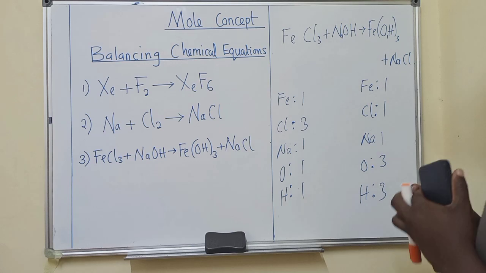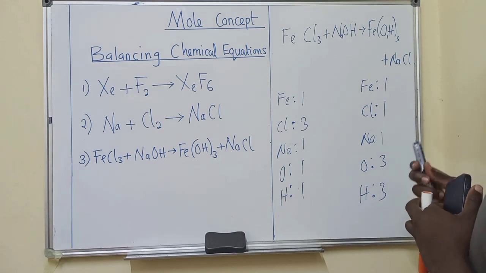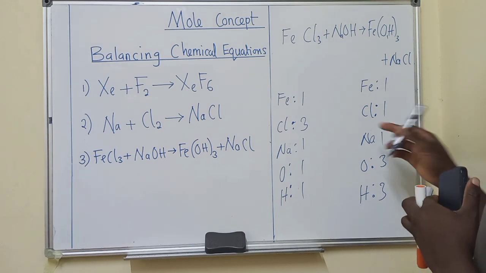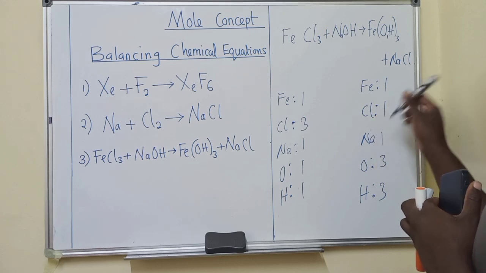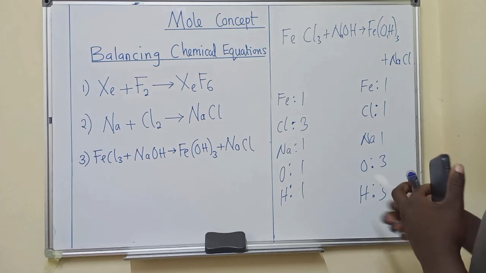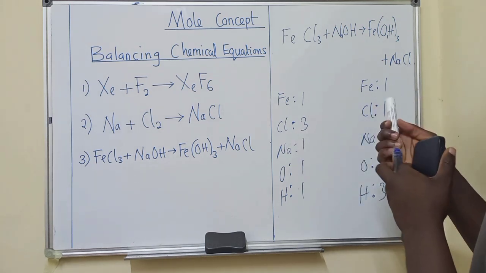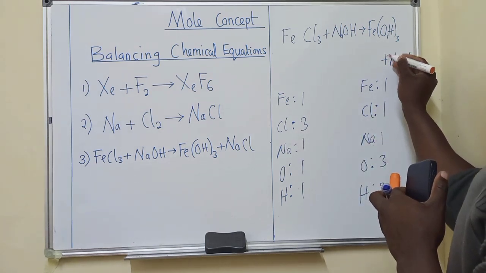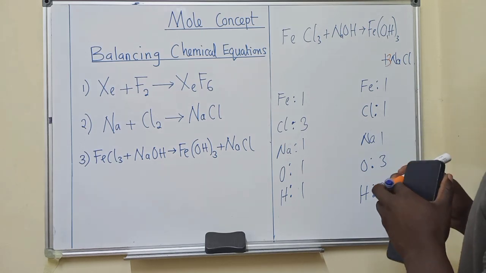We will start with what is not balanced. Chlorine is not balanced. We need to put a 3 right here, so that we can balance.